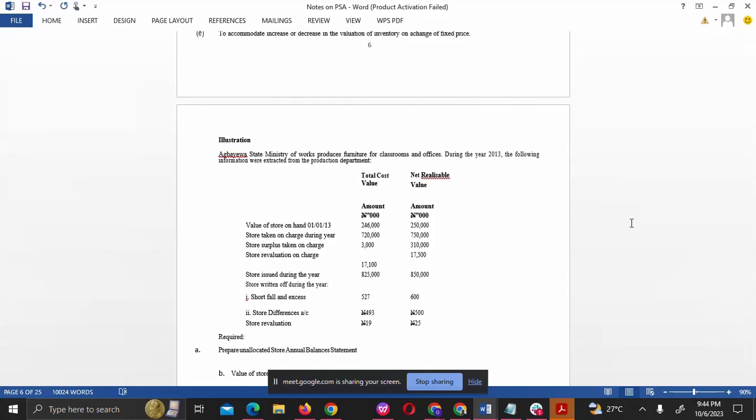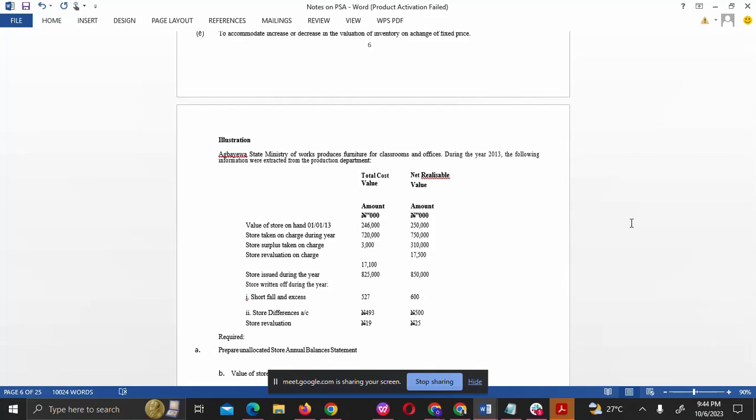Agbayewa State Ministry of Works produced furniture for classroom and offices. During the year 2013, the following information were extracted from the production department. We have total cost value and our net realizable value.